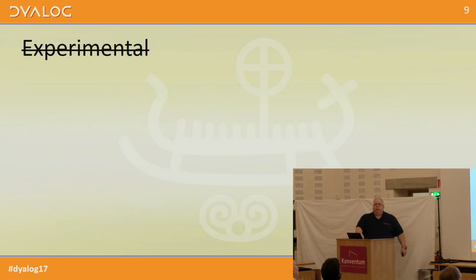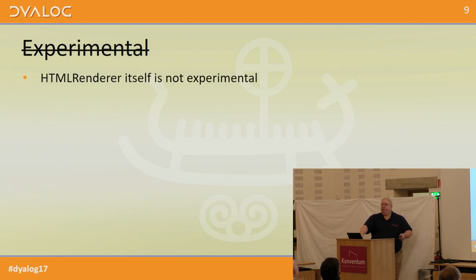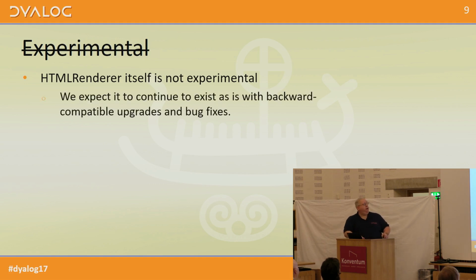So if you look through the version 16 documentation, it says experimental feature HTMLRenderer. And what I want to emphasize is that the HTMLRenderer itself is not experimental, okay? We expect it to continue to exist as it is with some backward compatible upgrades and bug fixes, but it's not going away.